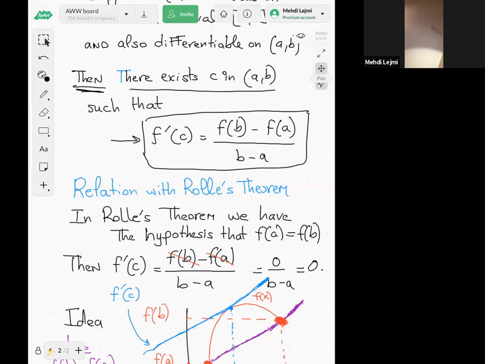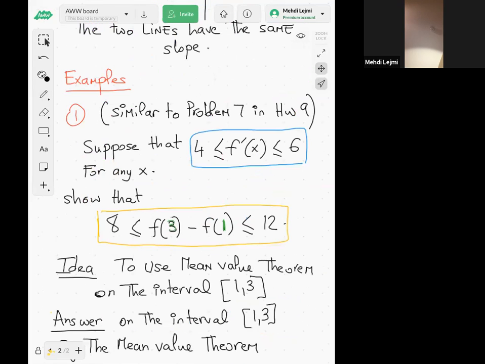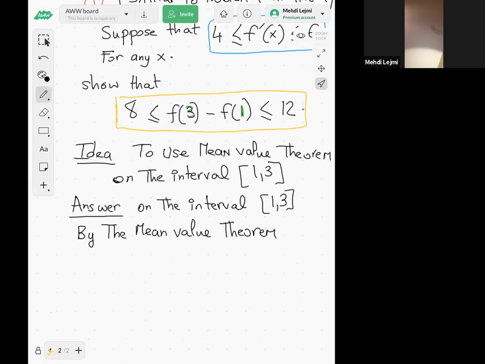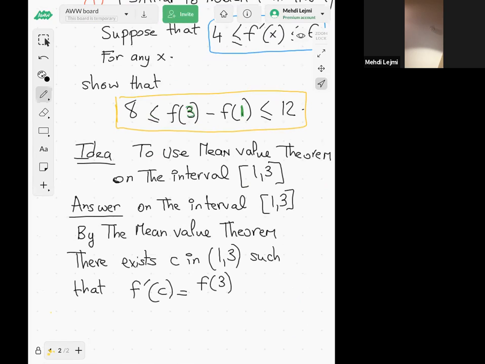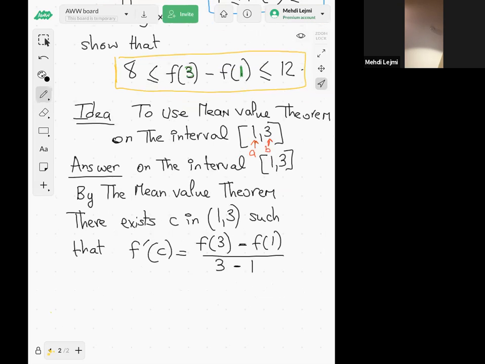So here, by the mean value theorem, there exists a c in the interval 1, 3 such that f prime of c is equal to f of b minus f of a over b minus a. 1 is my a, and 3 is my b.